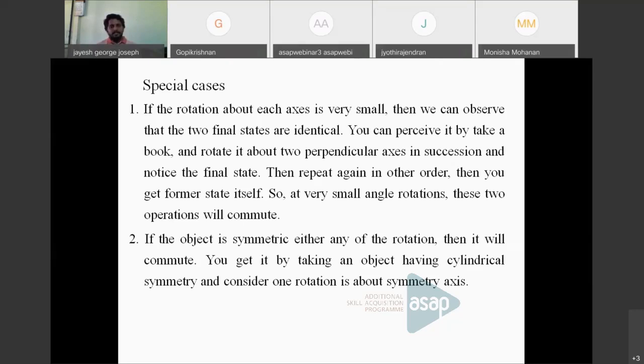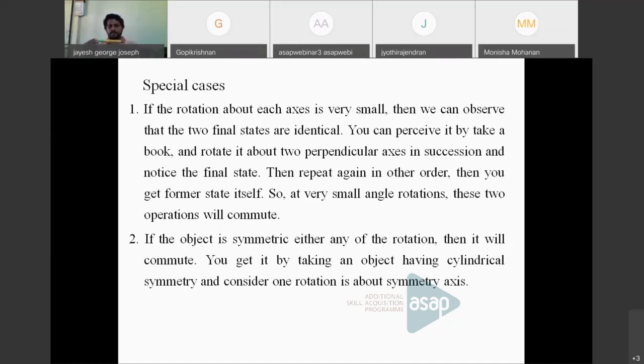The second case is, if the object is symmetrical about either of the rotation axes, then the rotations will commute. You can see it by taking an object having cylindrical symmetry and considering one rotation about a symmetry axis. Here I am taking an object like this, and this axis along the length is the symmetry axis.